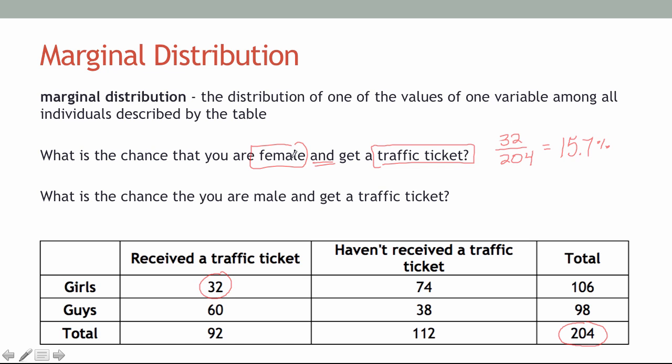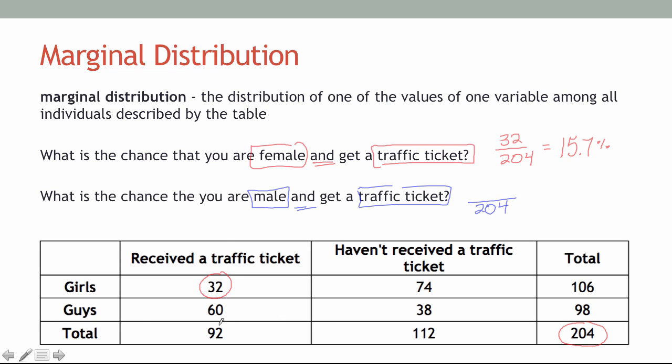Okay, let's compare that now. Do some contrasting, right? Guys versus girls, we love to see who's better, who's not better. Let's look at what is the chance that you are male and get a traffic ticket. All right, so we're still out of 204 people surveyed.